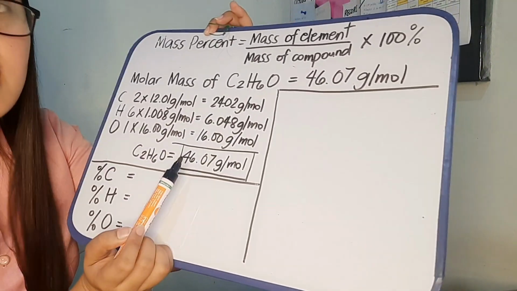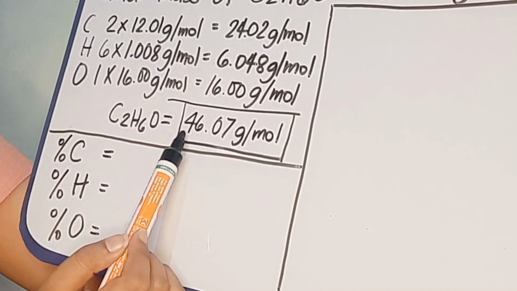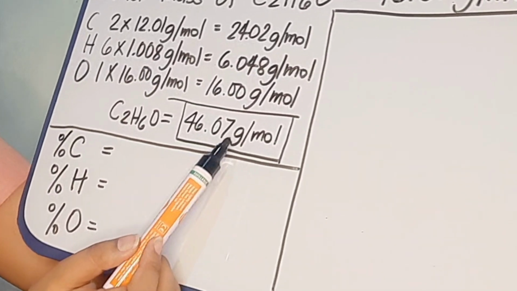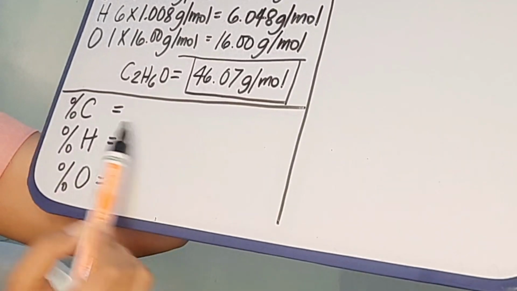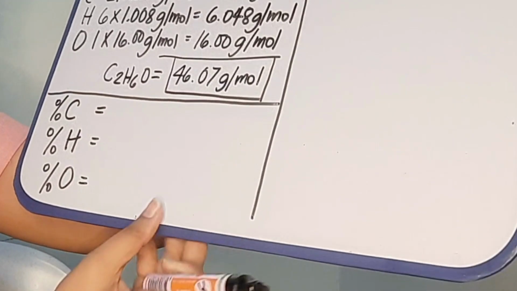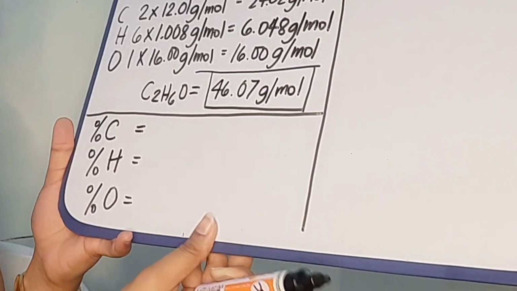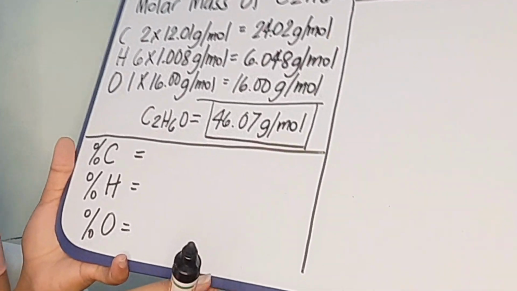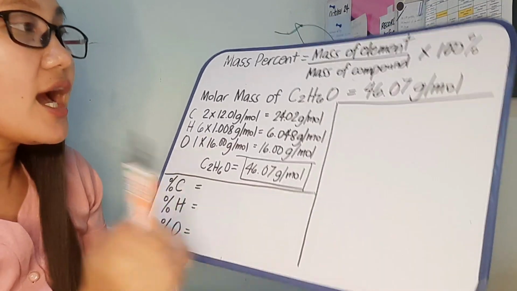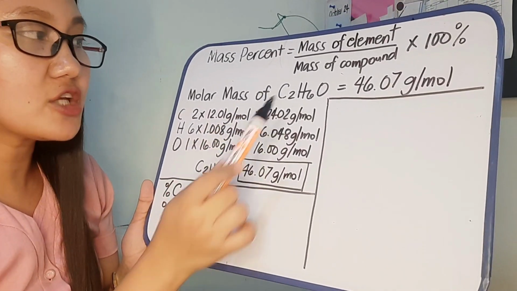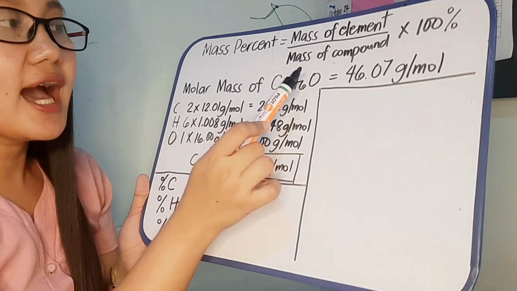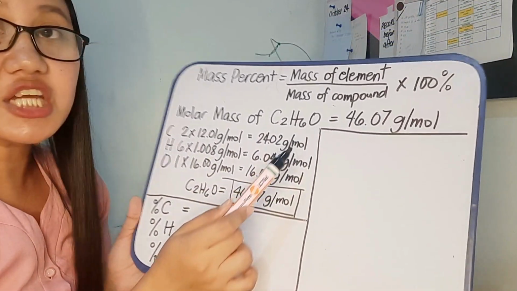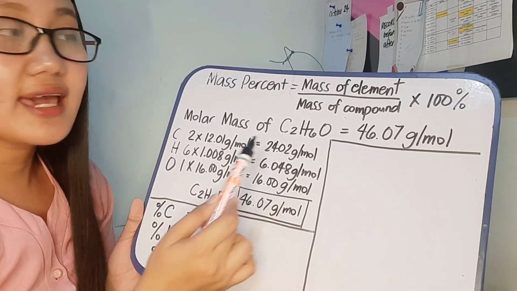So, ang kinalabasan natin ng ating mass of a compound is 46.07 gram per mole. Ngayon, dito sa space natin, dito natin ilalagay yung mass percent nung kada element. Kasi ang hanap natin ay ano ba yung percentage ng carbon, ng hydrogen, at ng oxygen dito sa ating ethanol.